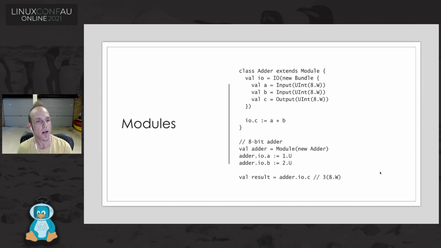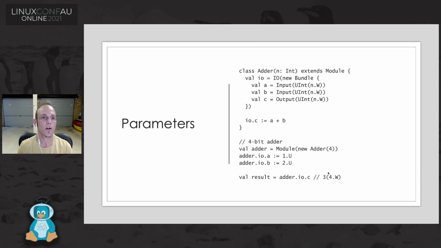Modules are the way you tie all these things together. So you've got some signals, some behavior, and you want to wrap that up into one piece of functionality. I won't spend too much time on this, but you've got inputs, outputs, and then your behavior. And then the way that you instantiate a module is by calling this module function and giving it an instance of that class. So here the adder adds 1 and 2 and gives you 3 as an 8-bit vector output.